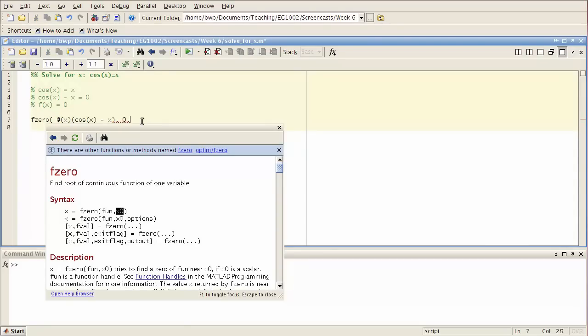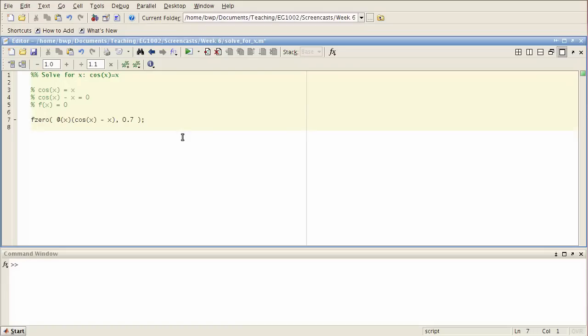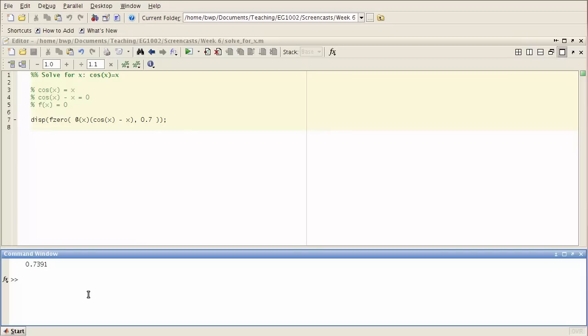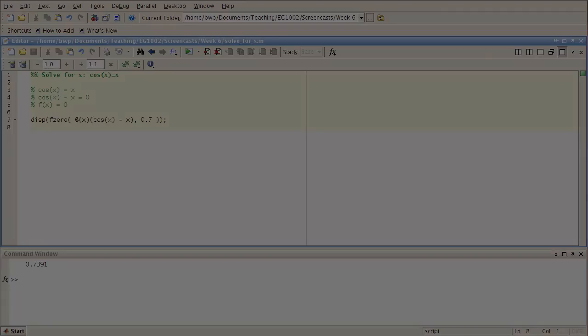That can be our function, and we said that the answer was close to 0.7, so let's use that as our initial starting guess. Now we should display this result so that we can see what it was. So let's run that, and we find that the exact answer is 0.739.